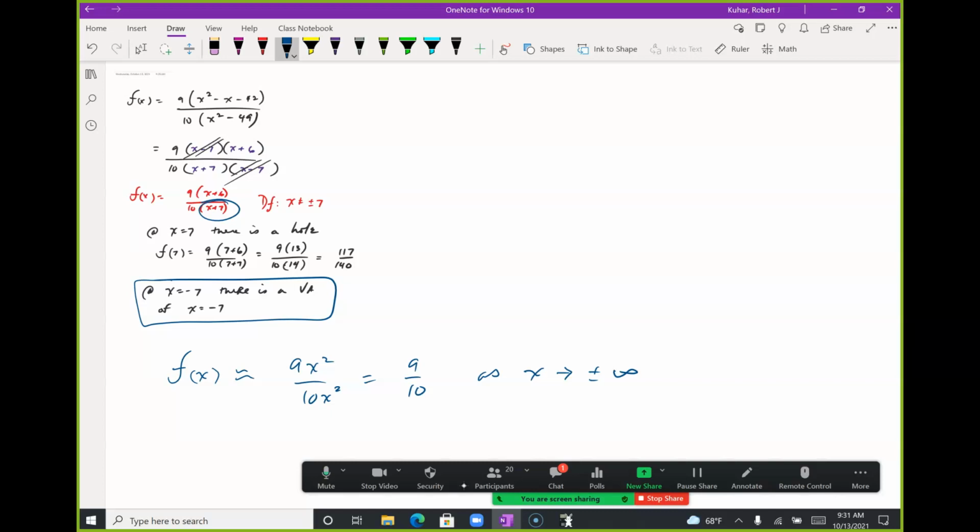Thinking about minus infinity, but remember, I'm doing x squared, so it's going to behave the same way when I go to minus infinity. So the HA is y equals 9/10, the horizontal asymptote.